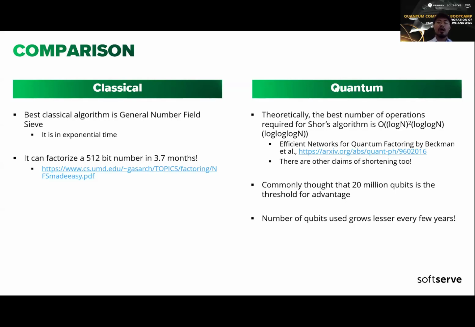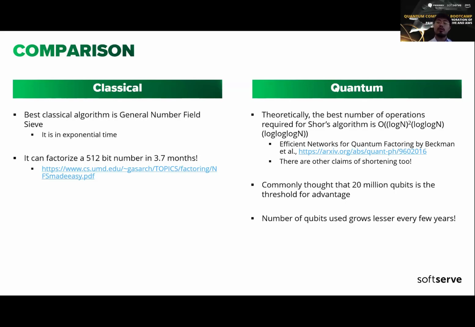And so the number of qubits used with every passing paper on Shor's algorithm grows lesser. The number of noisy qubits that is required in order to have one logical qubit grows lesser as well.